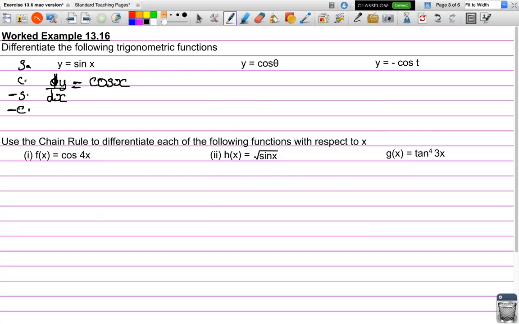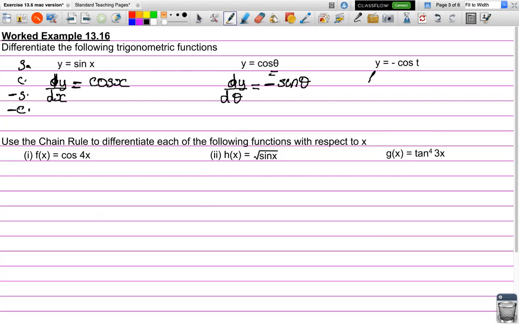I'm now differentiating the y with respect to theta. And according to my list, if I differentiate cos, I get minus sine. So the answer is going to be minus sine theta.